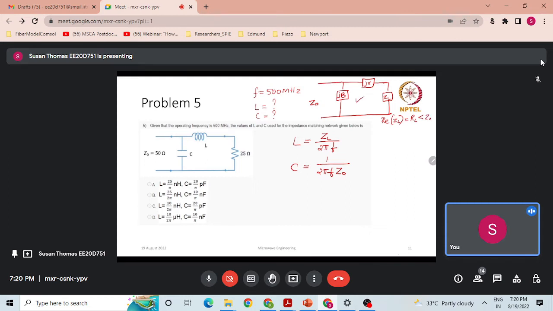So you can notice that this is 25 ohms and this is 50 ohms. Can you please find out and get the answer, because it's almost the same idea, and the formula has changed because the network is slightly different.